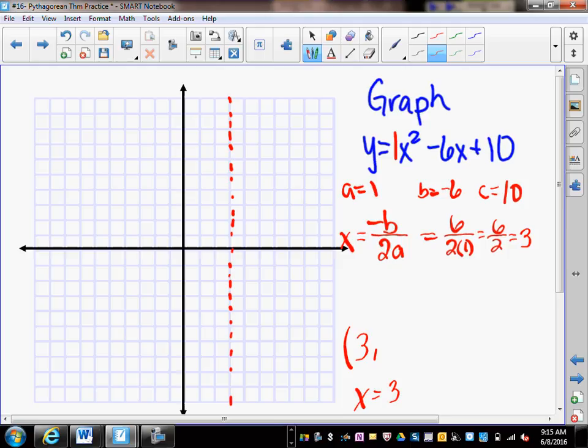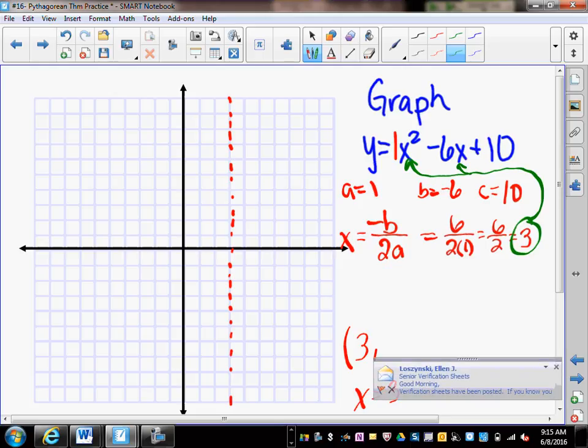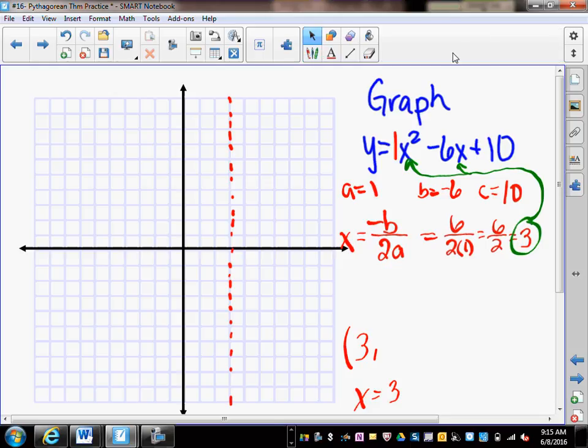Okay. Now that I have my x value, what do I do to find y? Plug it in, right? This is my x value, so I just simply put it in for x. We can use our calculators for this. Remember, we used the store button to help us out. Or you can just type it in. I'm going to pull up my calculator and use the store button to remind you how to do that.